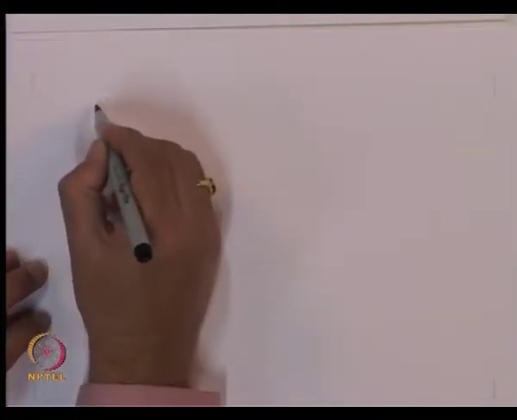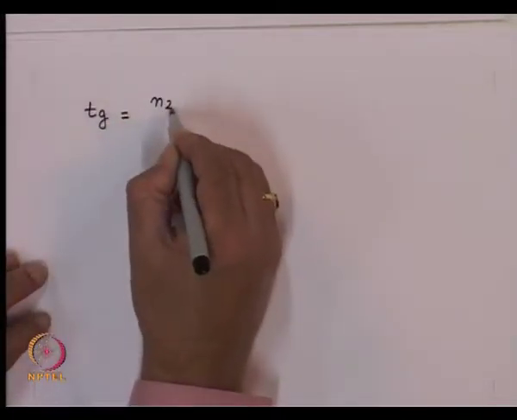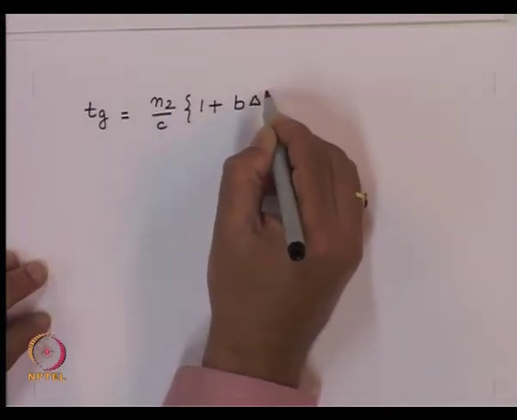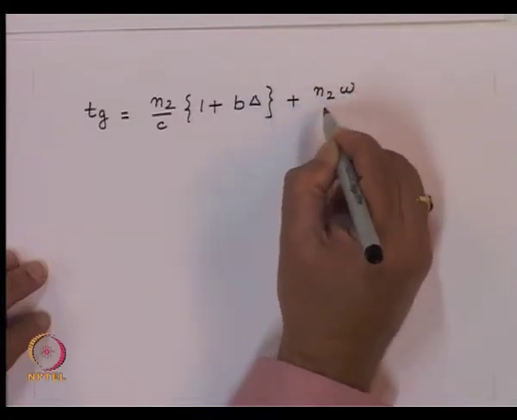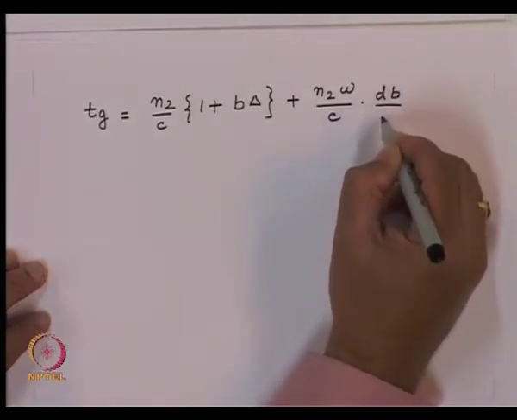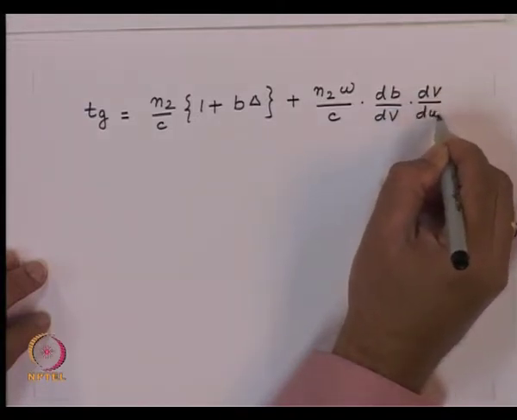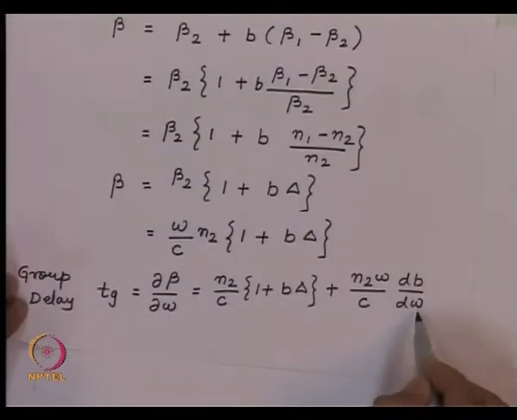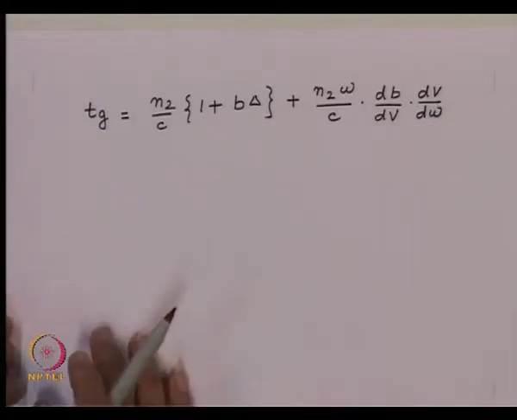We can get here Tg, which is equal to n2 by c (1 plus b delta) plus n2 omega by c. This one we can write down as dB by dV into dV by d omega. So the derivative which we have here, dB by d omega, we can write as dB by dV into dV by d omega.